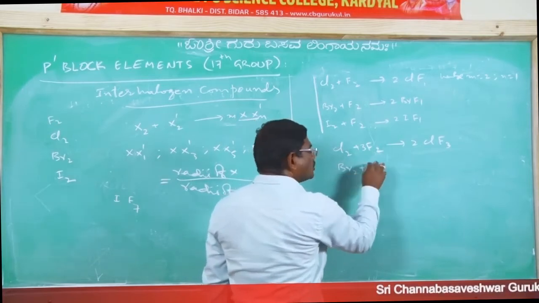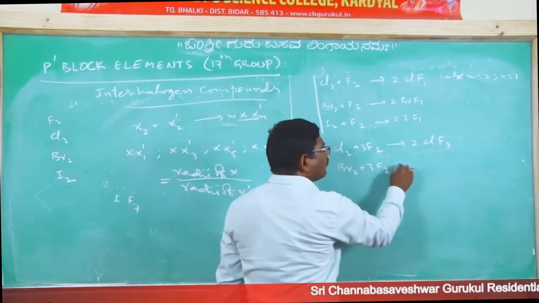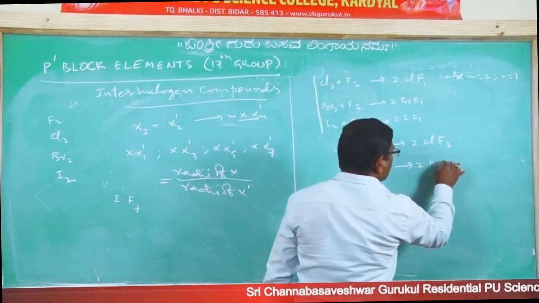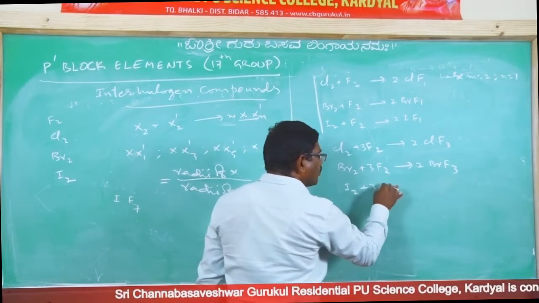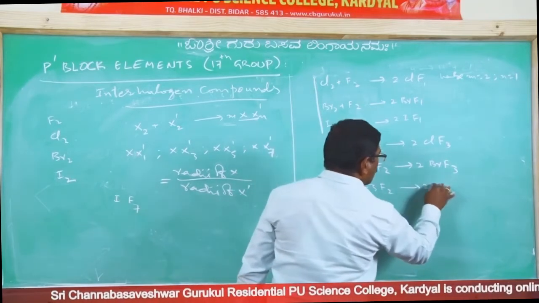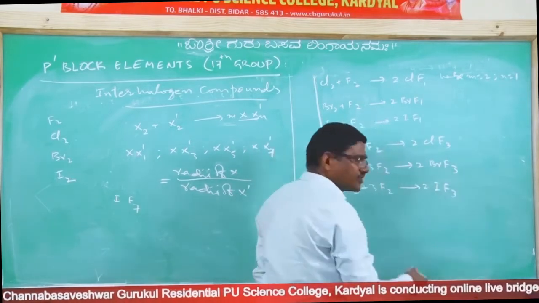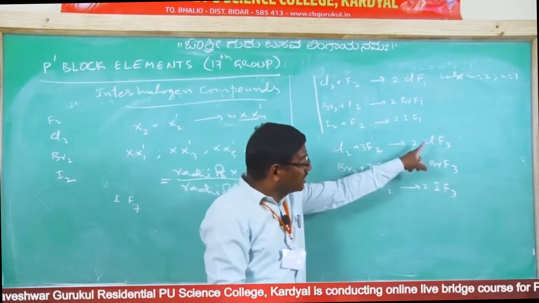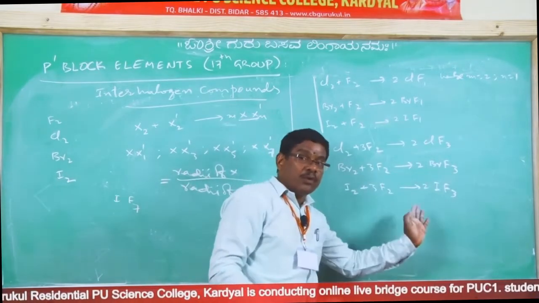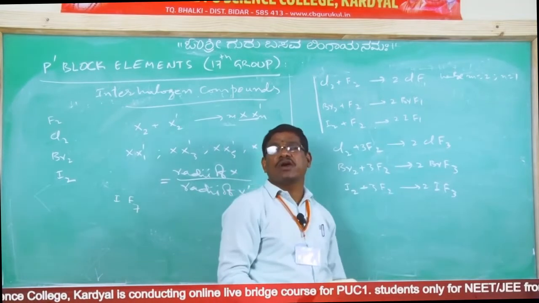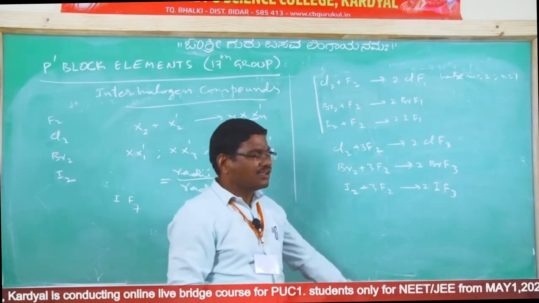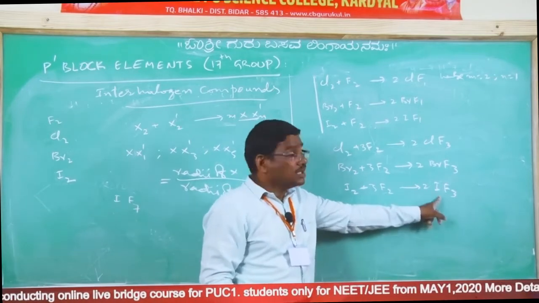Similarly, Br2 is also able to form 2 moles of BrF3 with 3 moles of fluorine. And I2 iodine with 3 moles of F2 gives 2 moles of IF3. Clear? Among these 3 compounds, which compound further reacts with excess fluorine to give a compound containing more halogen atoms? IF3. Right?